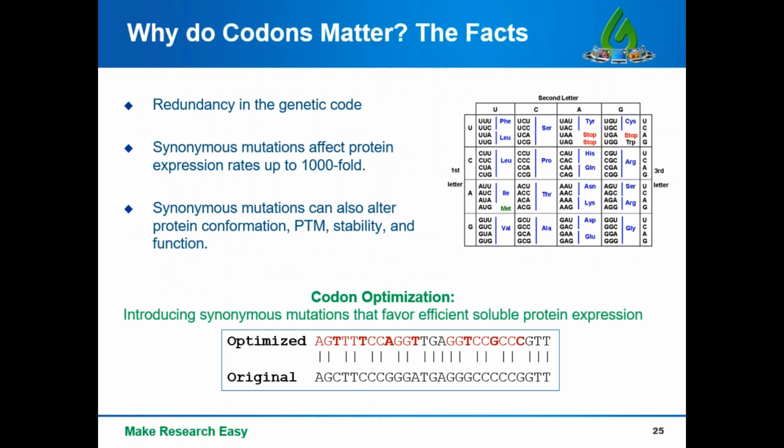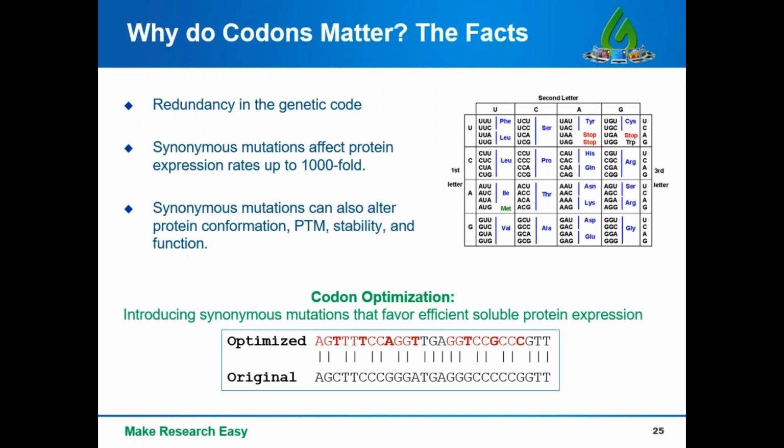So why do codons matter? Here are some of the facts as to why. We see a high level of redundancy in the genetic code, and you can see this with the codon table here on the right for RNA or translation. There are upwards of 4 codons that can translate into the same amino acid.